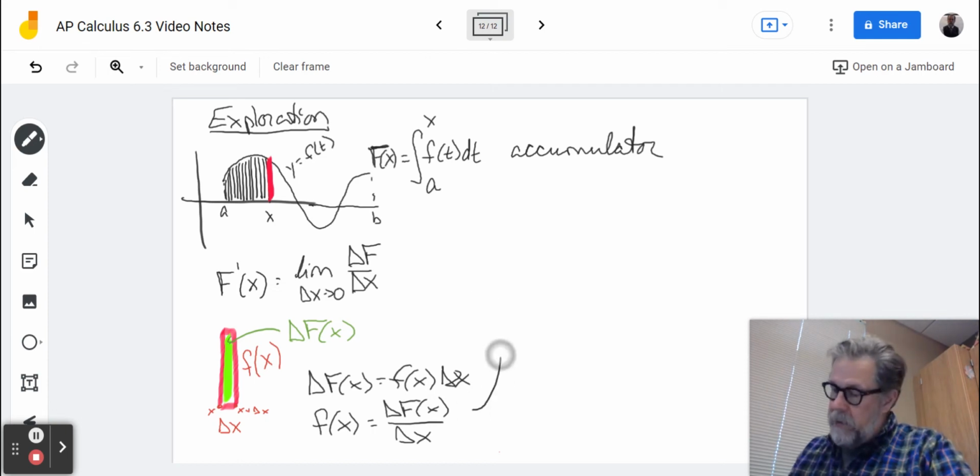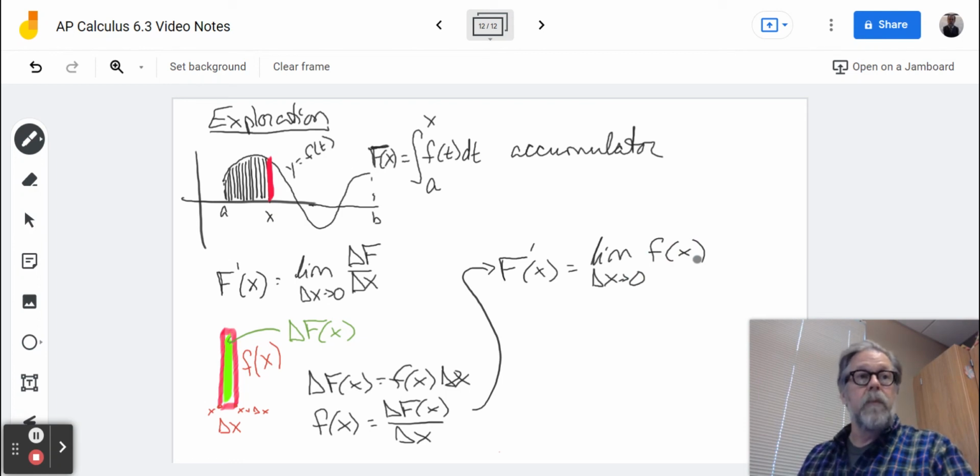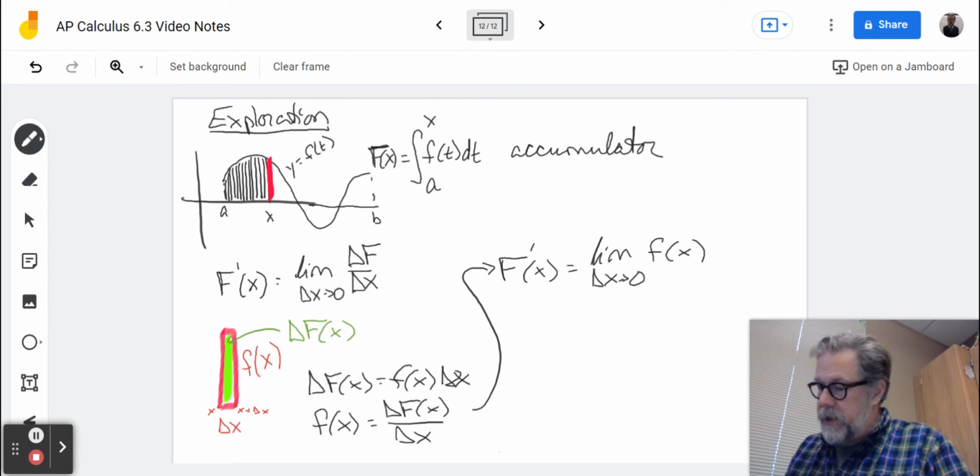But that tells me that this right here, the derivative, is equal to the limit as delta x goes to 0 of my function. But what's my function equal to as delta x goes to 0?